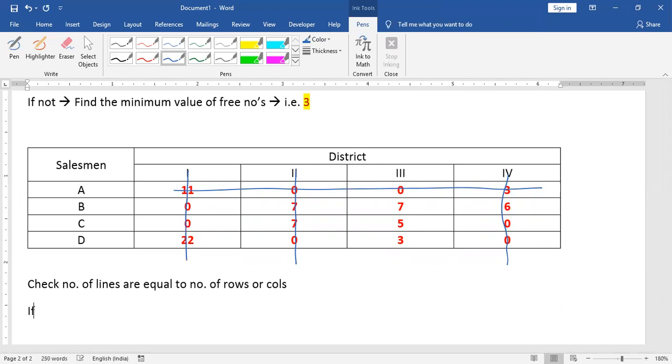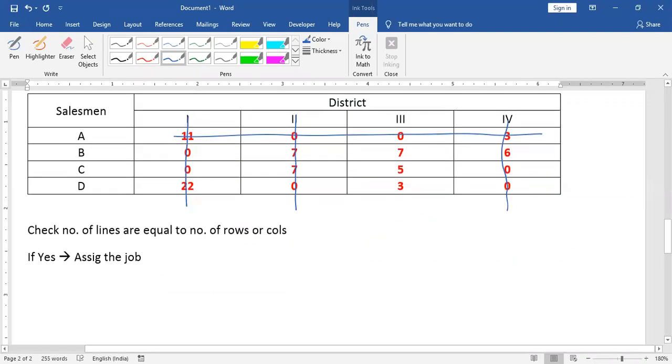If yes, then we assign the job. So we are going to assign the job, and how will we assign?